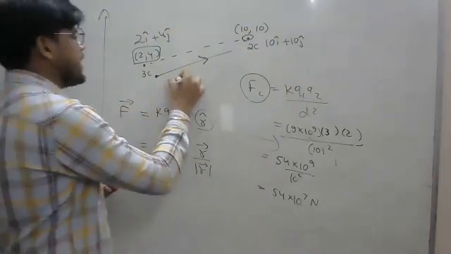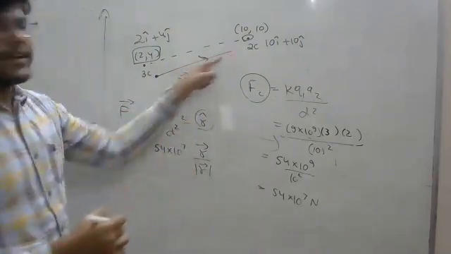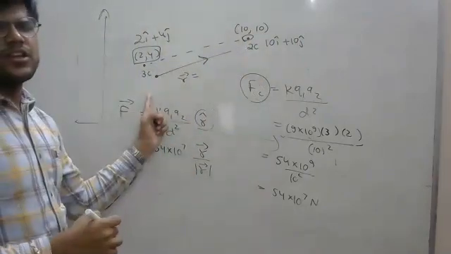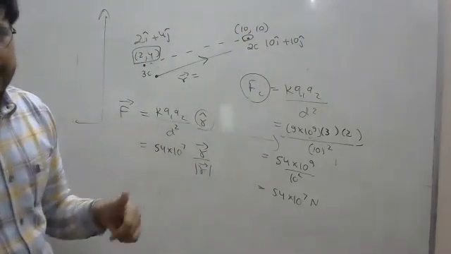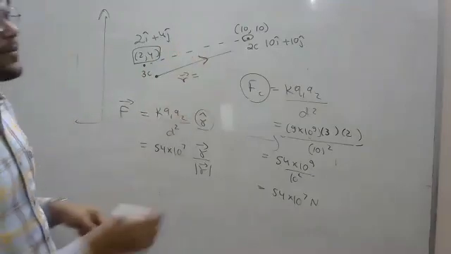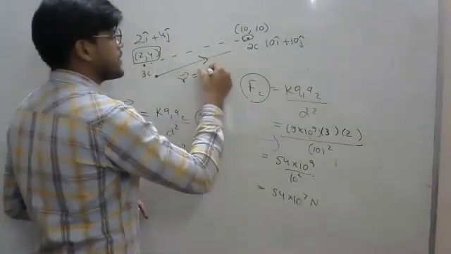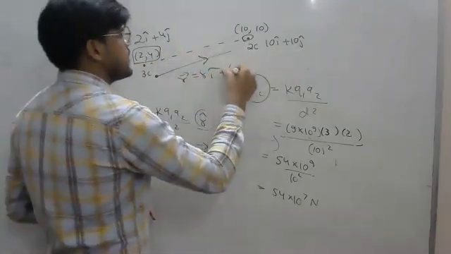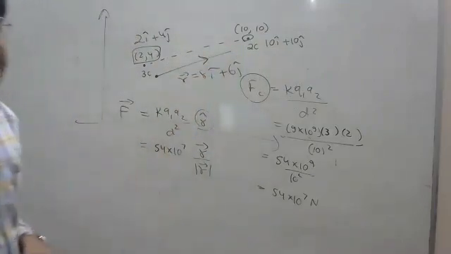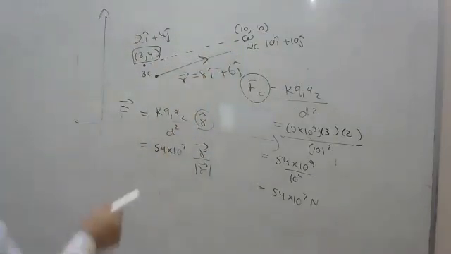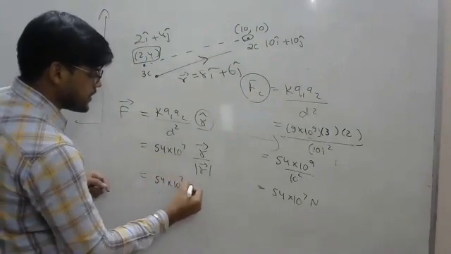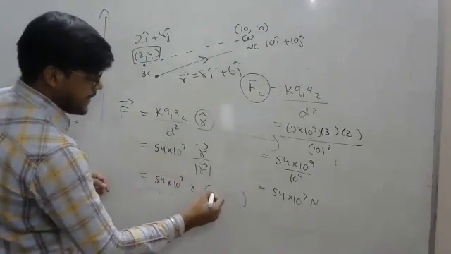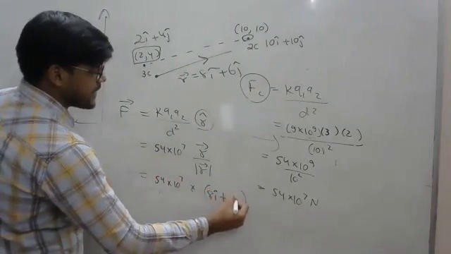Whenever you have to find r vector, this direction is very important because final minus initial, always final minus initial. From I by yes, correct. I will subtract, j will subtract. 10 minus 2, 8. 10 minus 4, 6. So I am getting 8i cap plus 6j cap. This is your r vector. 54 into 10 raised to 7 into 8i cap plus 6j cap.